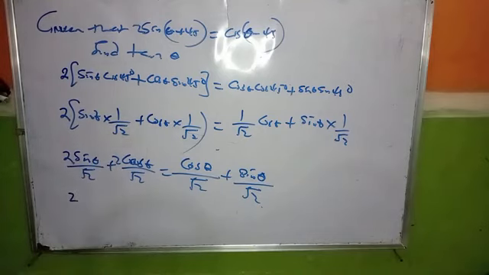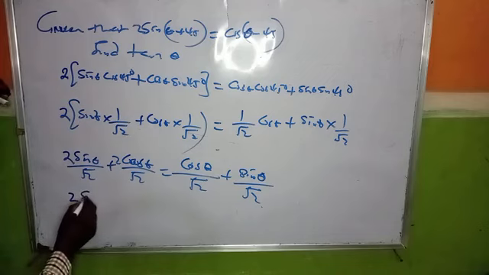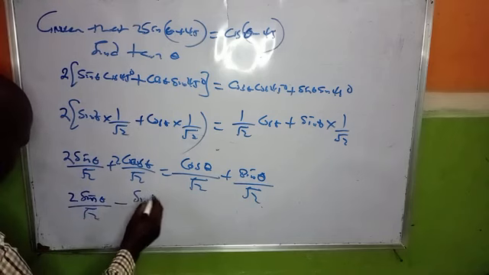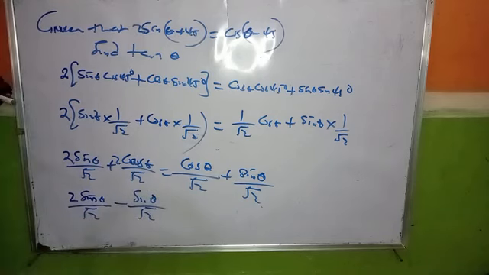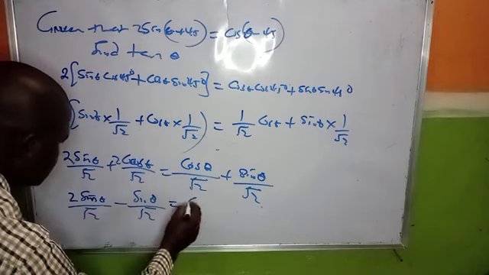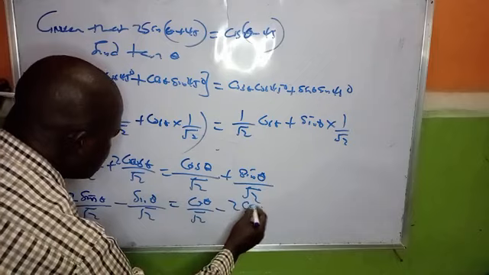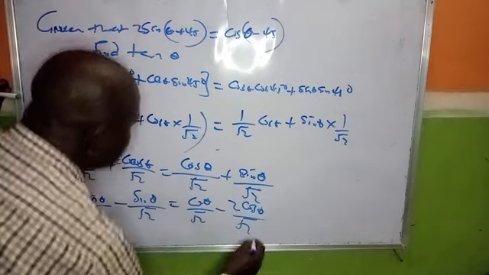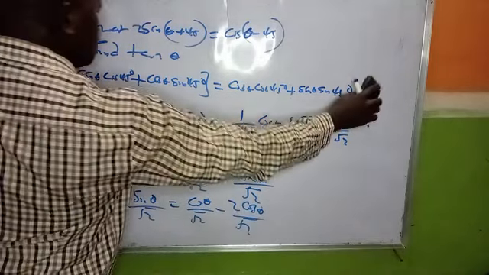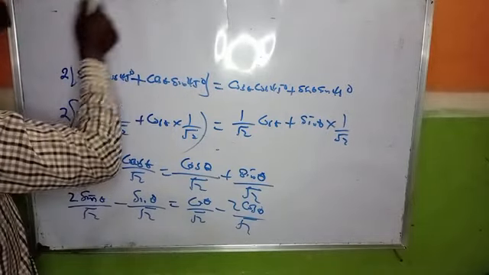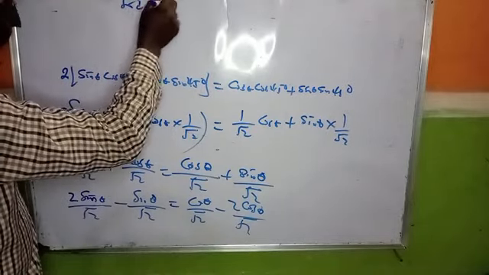You will have 2 sine theta over root 2 minus sine theta over root 2, equal to cos theta over root 2 minus 2 cos theta over root 2. So what you have to do is that you should find tan theta.